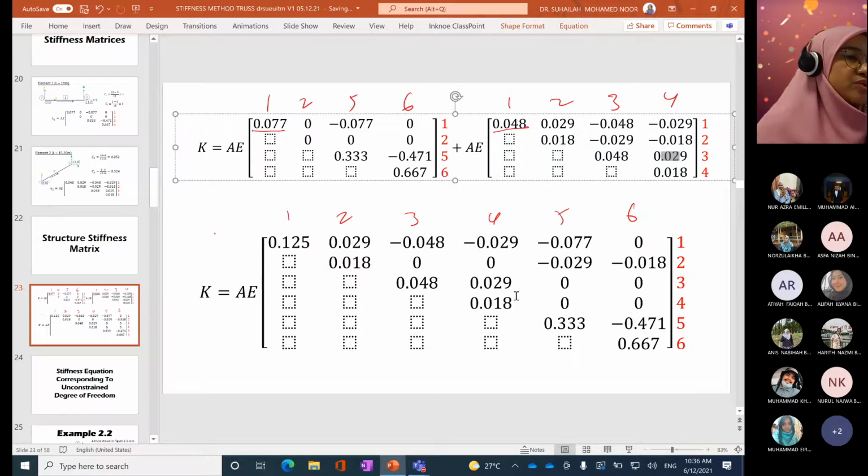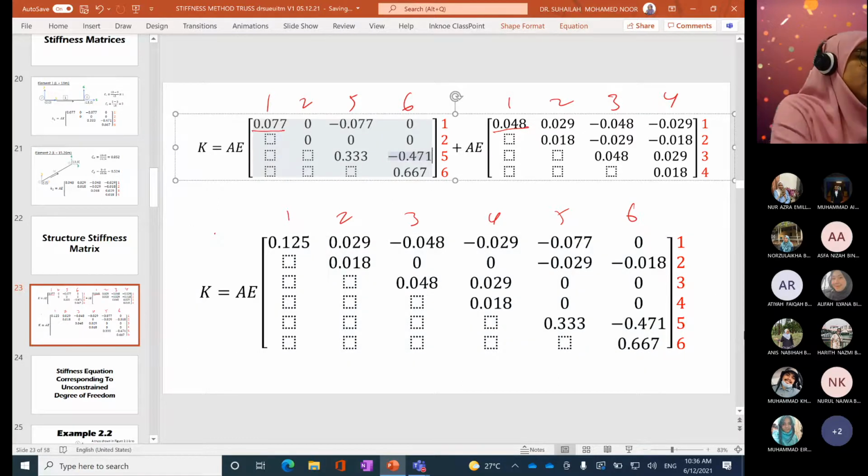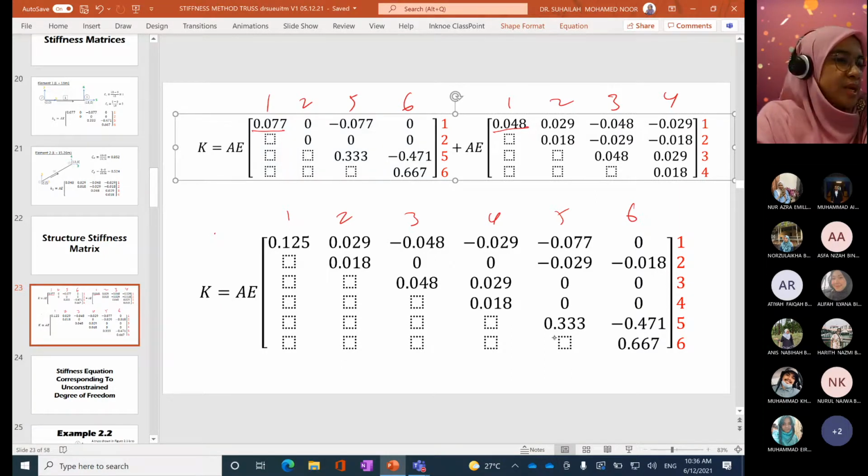Ni 0.029 and then 350, 360, lepas tu 44 yang ni kan, 44 yang ni. Lepas tu 5400 and then 55, 0.0333, negative 0.471, betul dah ni. Okay, and then 66 is 0.067.